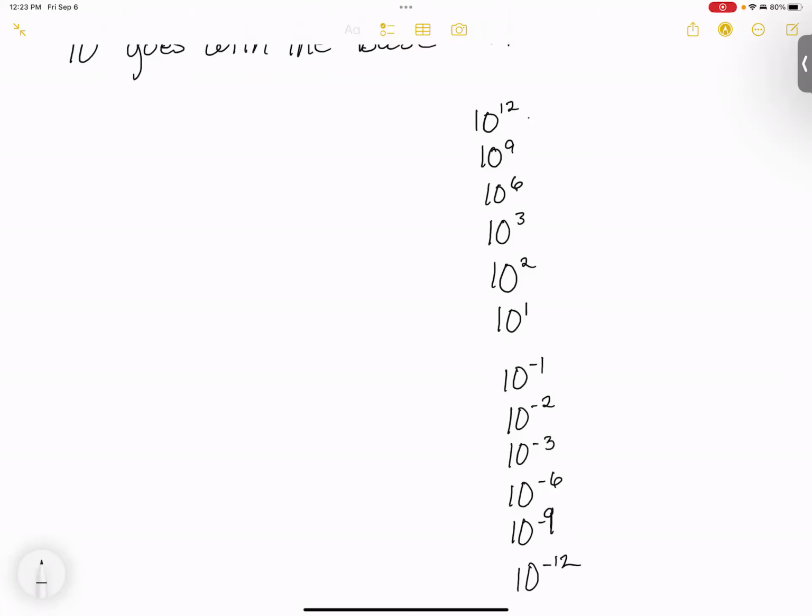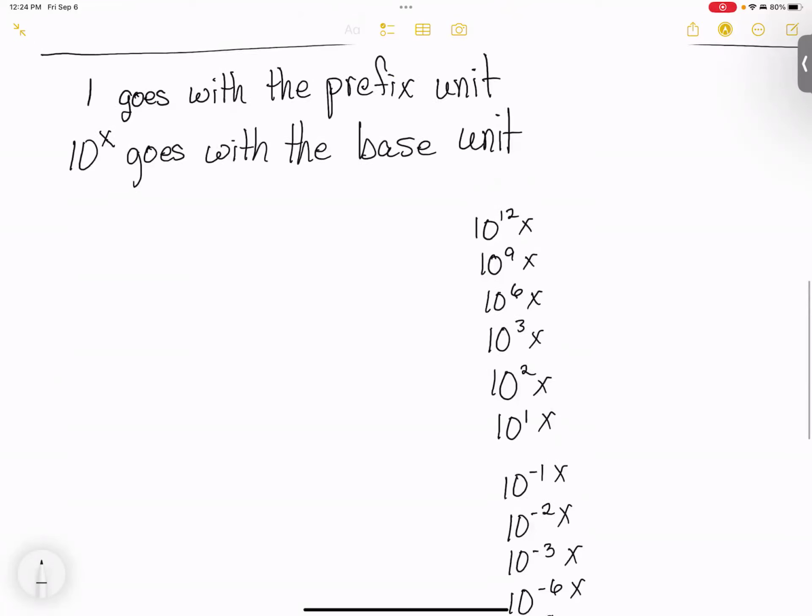These are always tied to the base unit again. So whatever liter, milliliter, whatever the base unit of that prefix was, that is what that gets tied to. And then it's always, well, I guess it's 1 times 10 to the whatever.